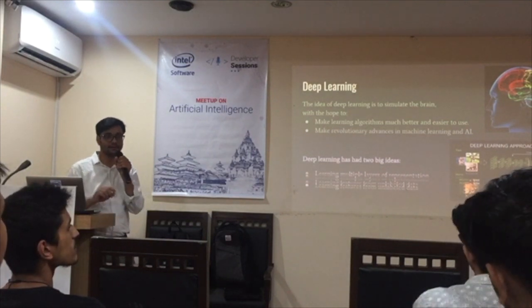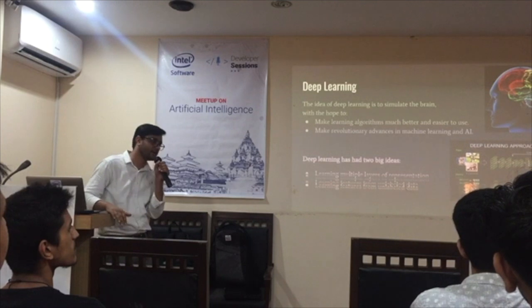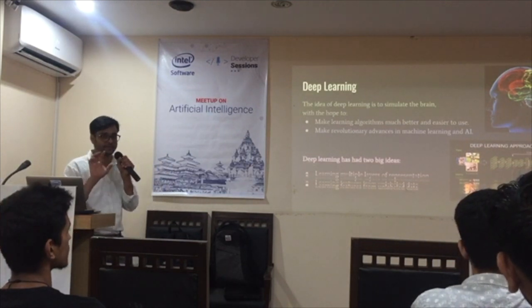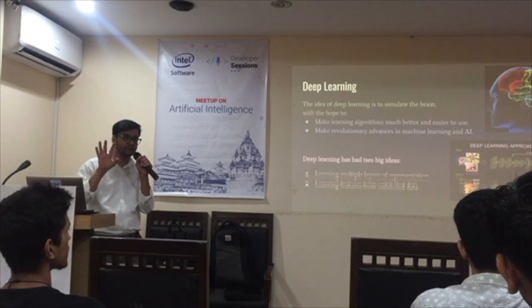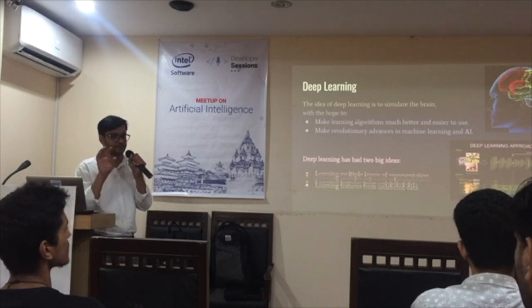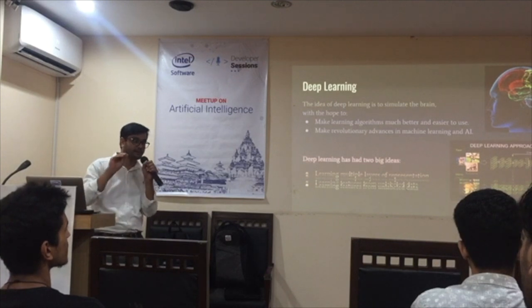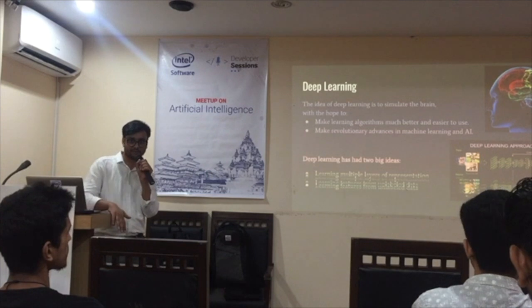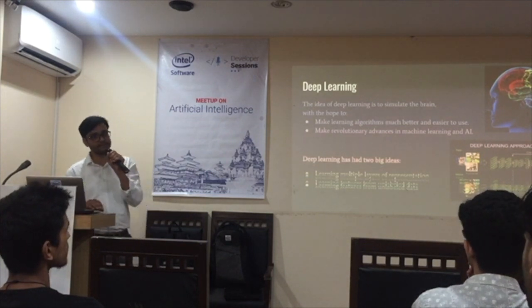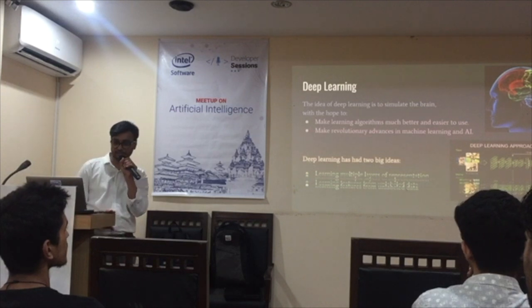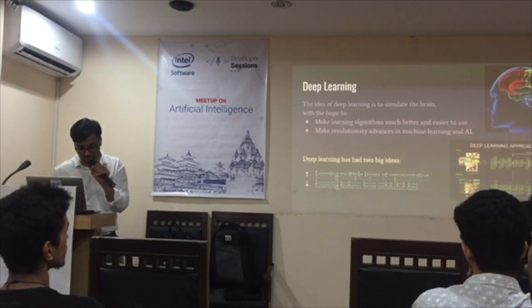One is it can learn multiple layers of representation. It is the actual internal brain representation. When you learn a certain thing, or when a child learns some letters, some structures, there is a level of representation for it. So we are applying the same rule in deep learning to learn the feature representation.